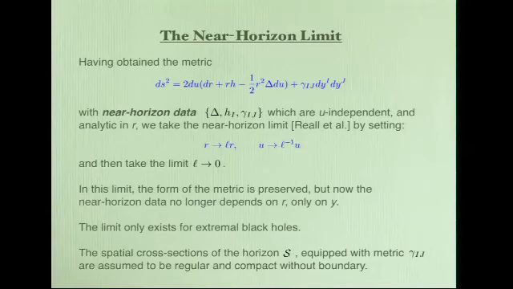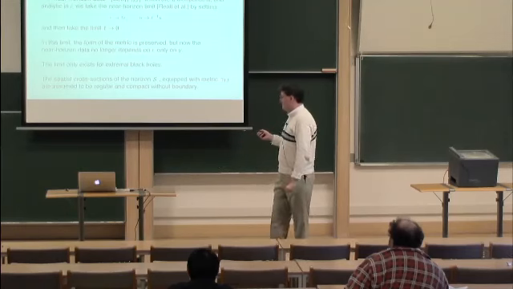And we're going to assume that the spatial cross-sections of this event horizon S, which have this metric, are regular and compact without boundary. The compactness is not going to play a very large part in what I'm going to discuss here, but there are some cases in which you can use it to simplify things a bit, and so I'll touch on those in a little while.